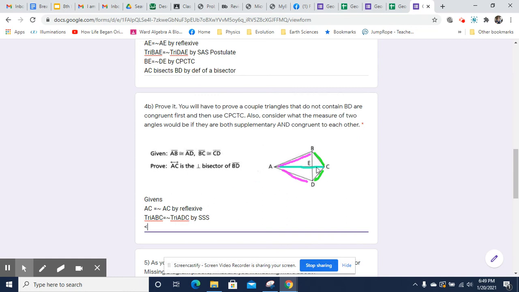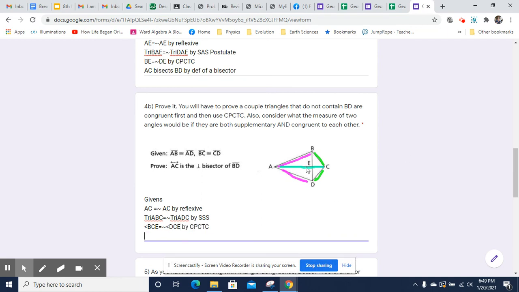I'll go over here on this side. Okay, angle BCE is congruent to angle DCE by CPCTC. Okay, now I'll label that. So let's label that.